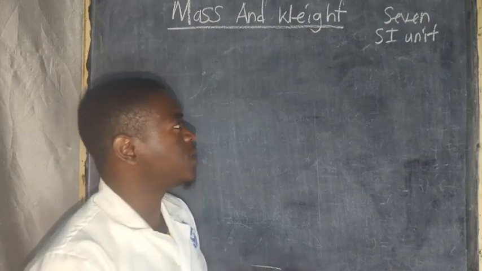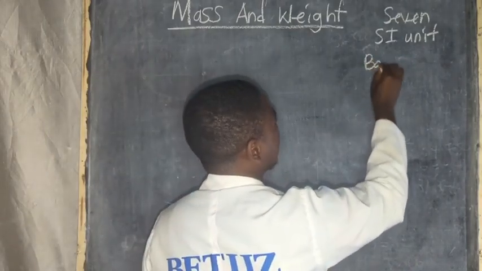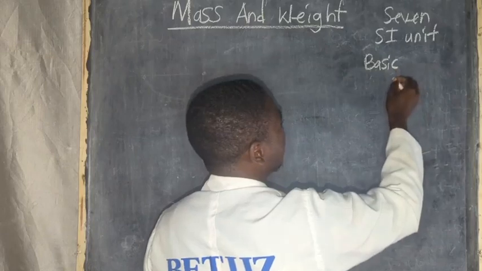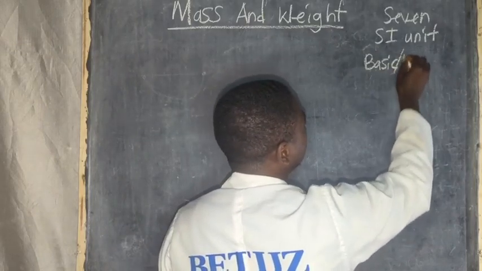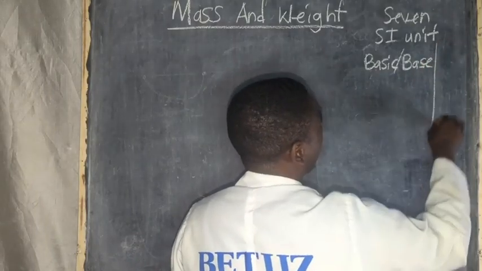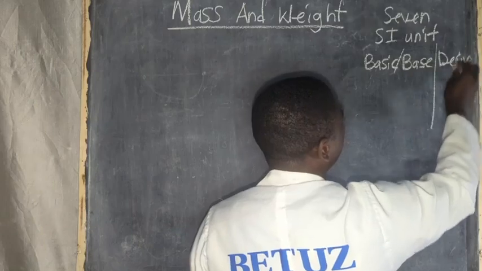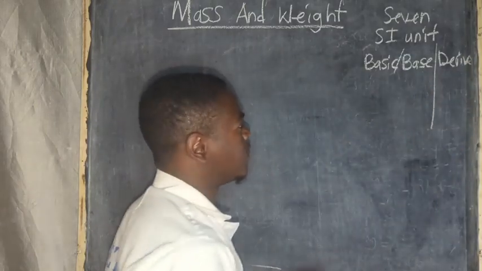Amongst which we've got the basic quantities, which are also called base quantities. Apart from the basic, we also have the derived physical quantities.